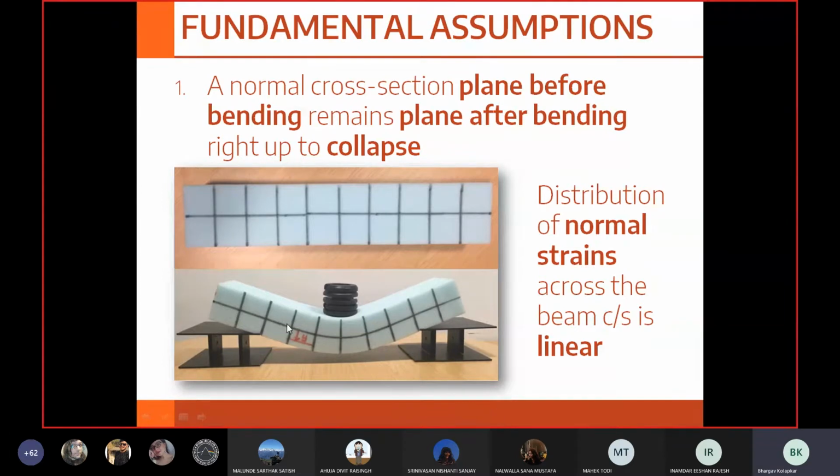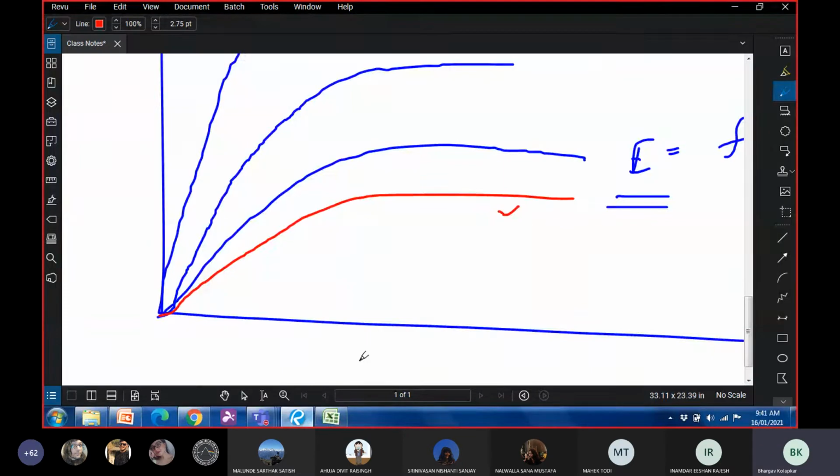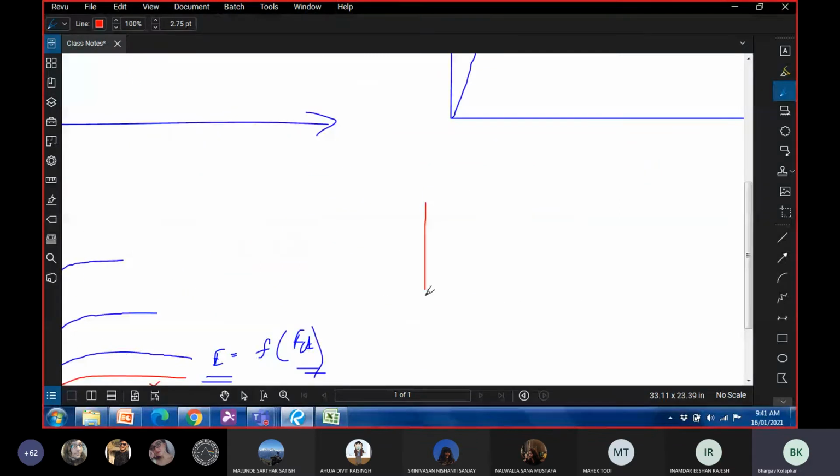So if I draw the strain variation, say this is the cross section that we are looking at, and this is going to be the neutral axis. Here the strain is going to be 0. Here the strain is going to be maximum. We'll have the same value here but opposite in nature, and this is going to be the strain variation.